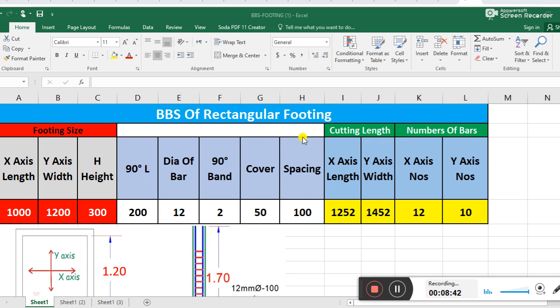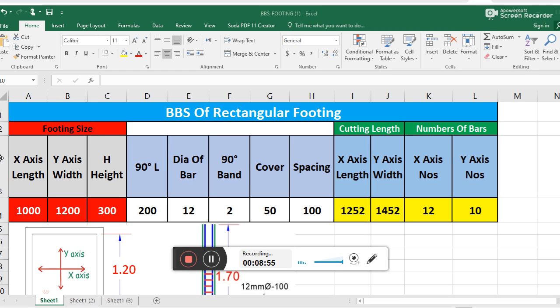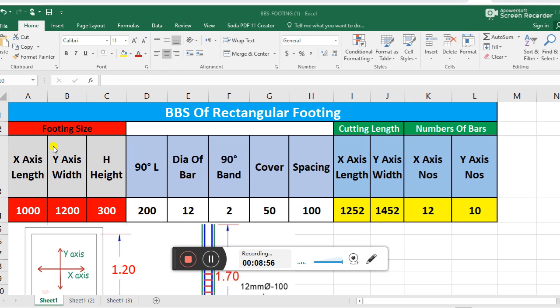Guys, this is the Excel file for the bar bending schedule or BBS of the rectangular footing. Here we have the footing size. In x-axis the length is 1000 millimeter, and in y-axis the width is 1200 and the height is 300 millimeter.